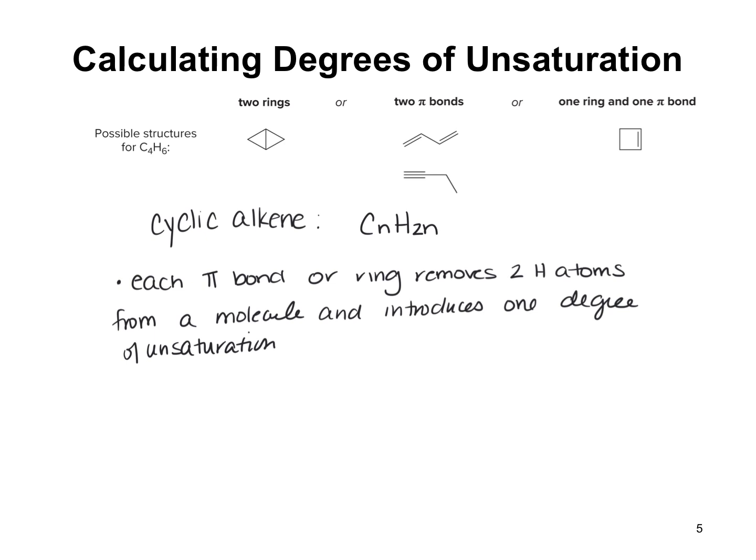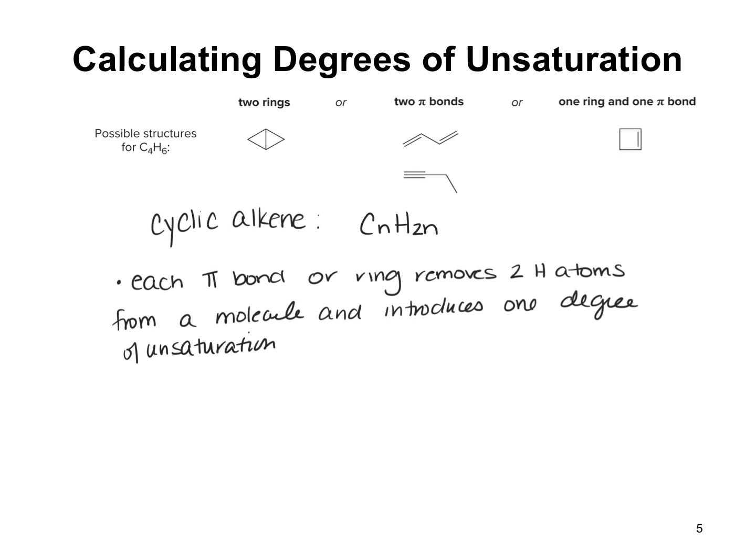So the number of degrees of unsaturation for a given molecular formula can be calculated by comparing the actual number of hydrogen atoms in a compound to the max number of hydrogen atoms possible for the number of carbons present if the molecule was a straight-chain alkane.